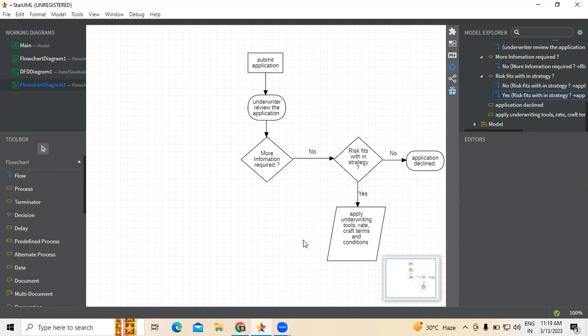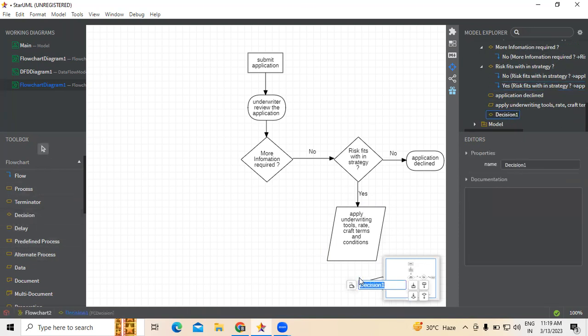Now, from here onwards, one should understand whether this falls within the underwriter's authority or not. That also has to be identified.